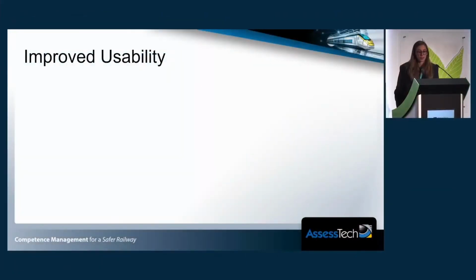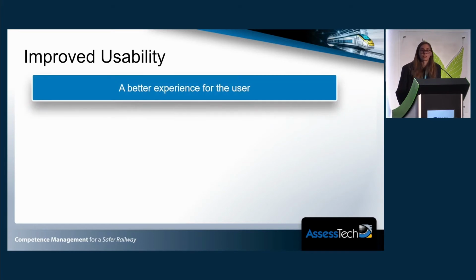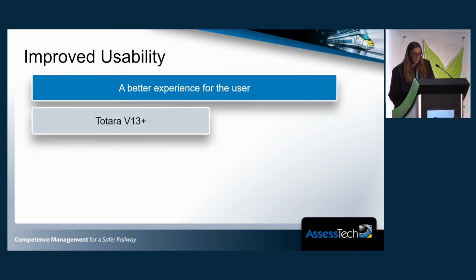So at the very top, we talked about improved usability as well as what we're going to do to better integrate the 2 systems. And ultimately, what we want to do is create a better experience for the end user. We have 2 ways in which we are starting that process. The first of these is through Totara version 13 and onwards.